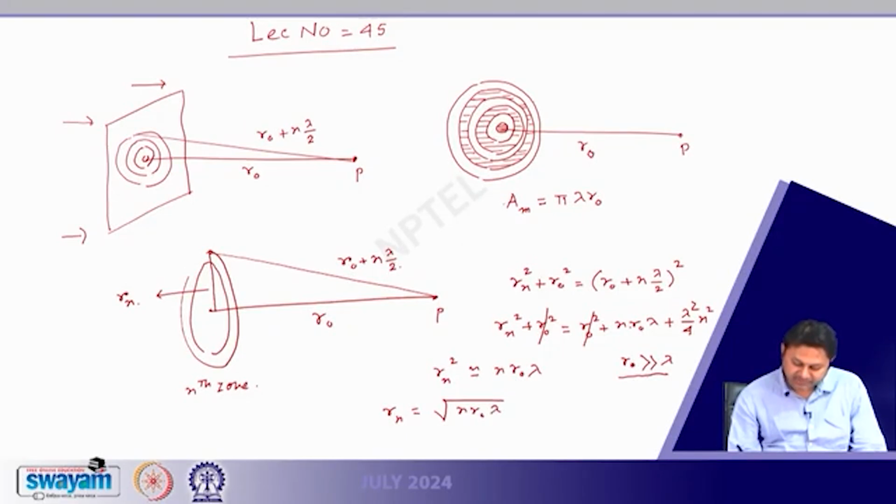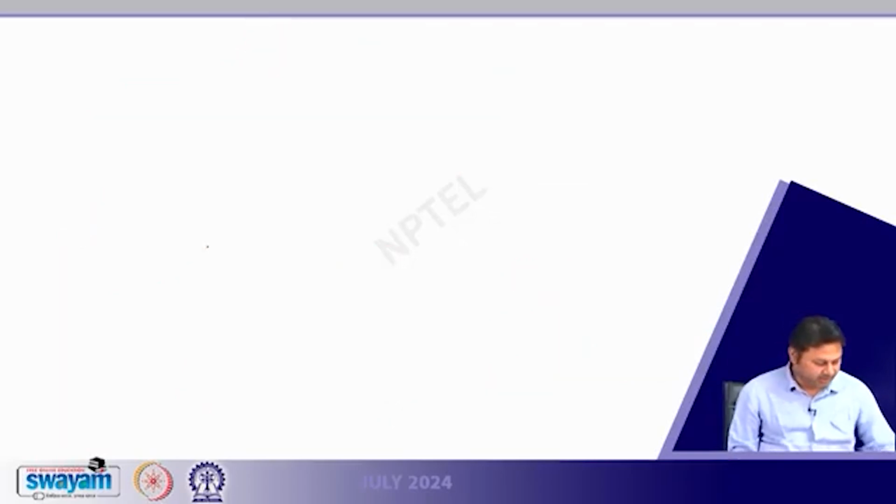That is an interesting result: this is the way the radii are defined for the nth zone. Before going further, let me remind you of what we had.